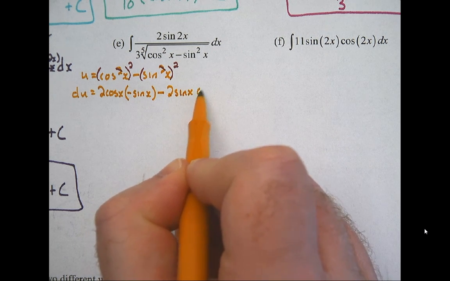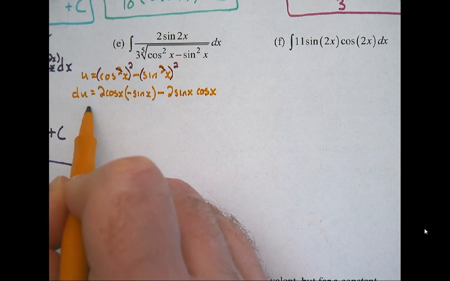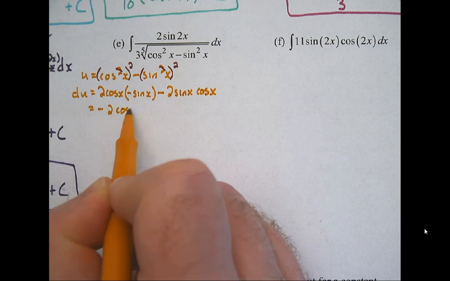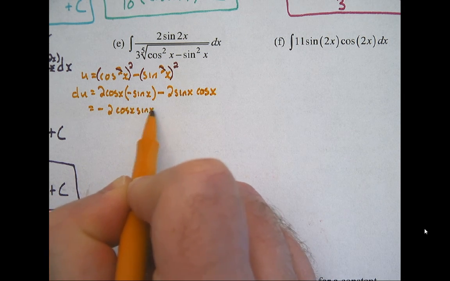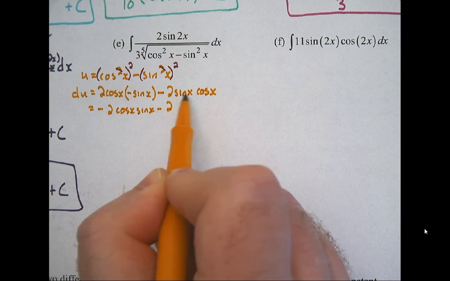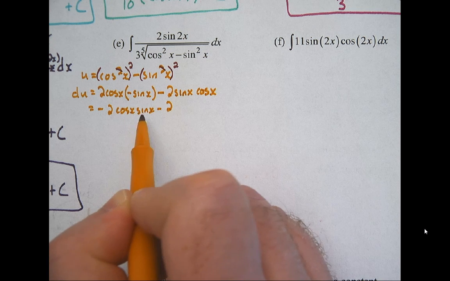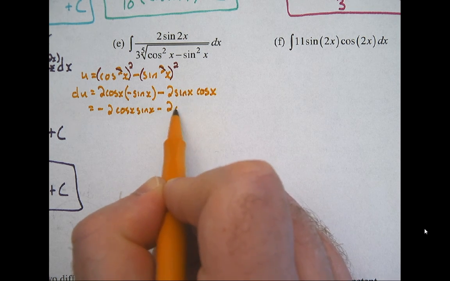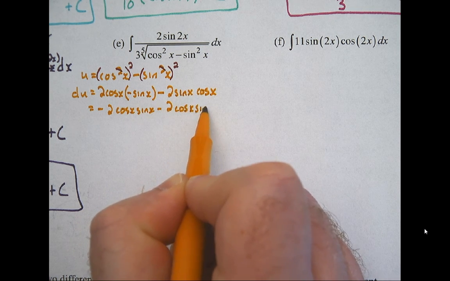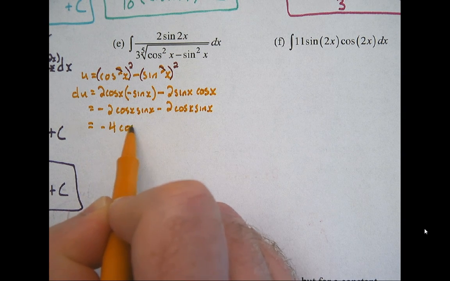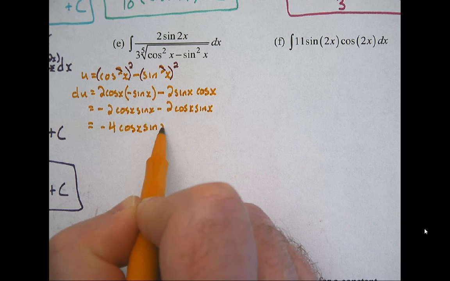What's the derivative of sine? Cosine. So this becomes negative 2 cosine x sine of x minus 2 sine x cosine x. Now I'm going to just rearrange this because I want them to be in the same order, and multiplication is commutative, so I'm allowed to do that. And we end up with negative 4 cosine of x sine of x.